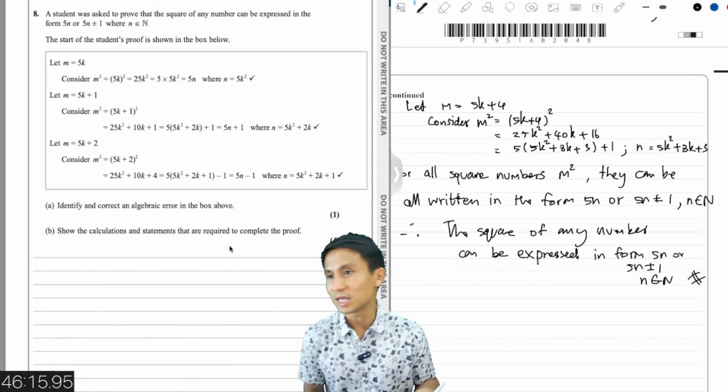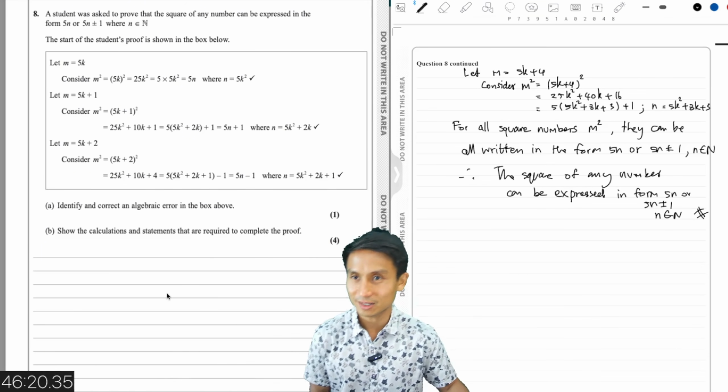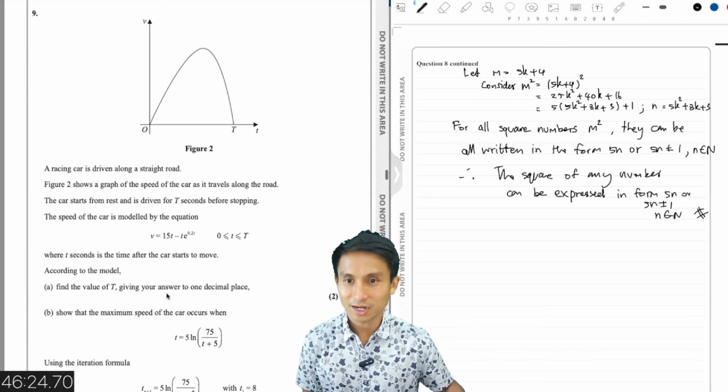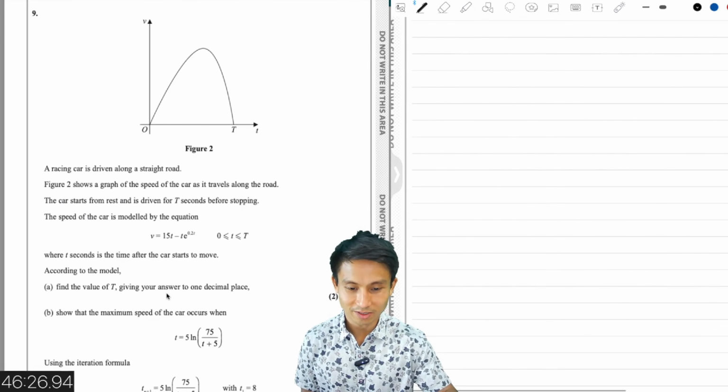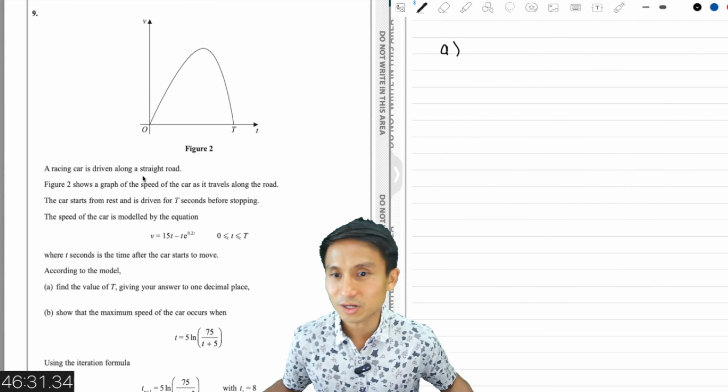All right, just repeating, a bit tedious there, but you probably have to write it to get the marks there. And that's question 8 done. Oh, question 9 is a bit long. All right. Question 9. A racing car is driven along a straight road.